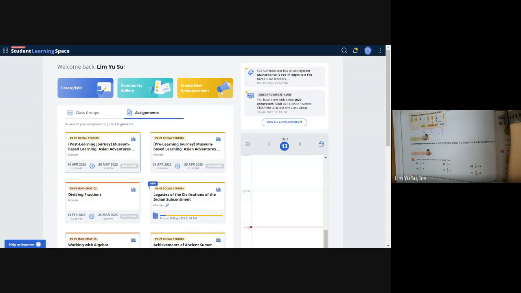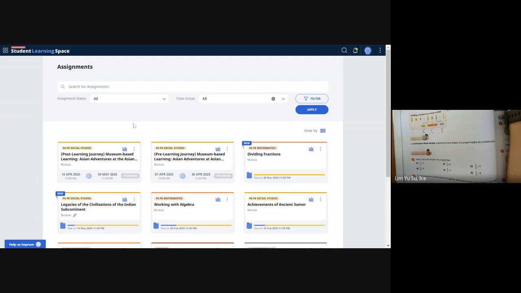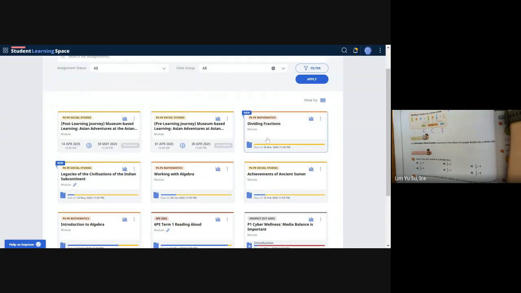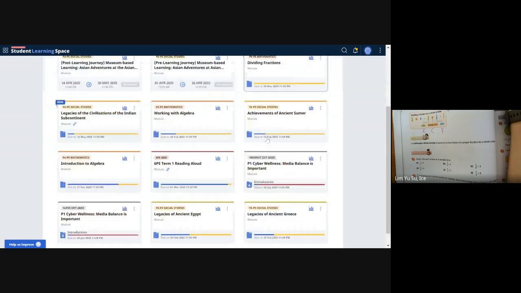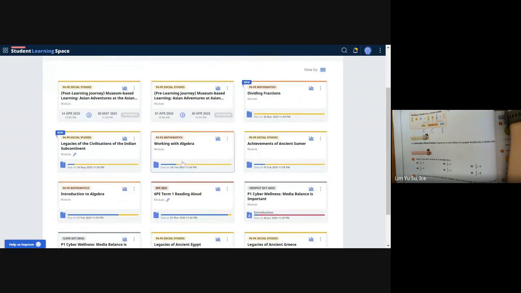Here on SLS, you will see that I have assigned a new lesson on dividing fractions. I realize that for the one on working with algebra, the completion rate is not satisfactory. Please take a look at it. It is helpful.